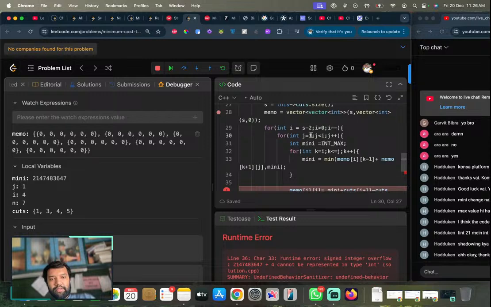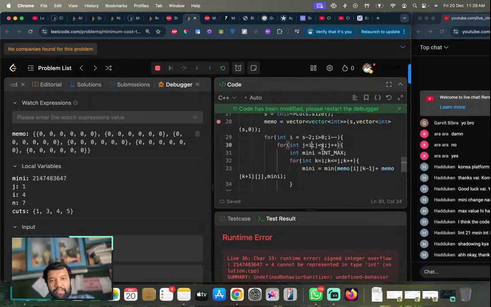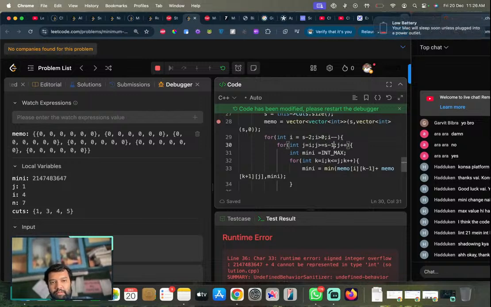So yeah, I more than equals to S minus 2, J plus plus.